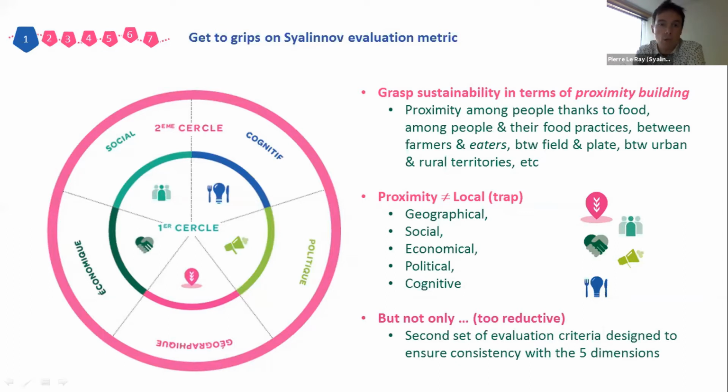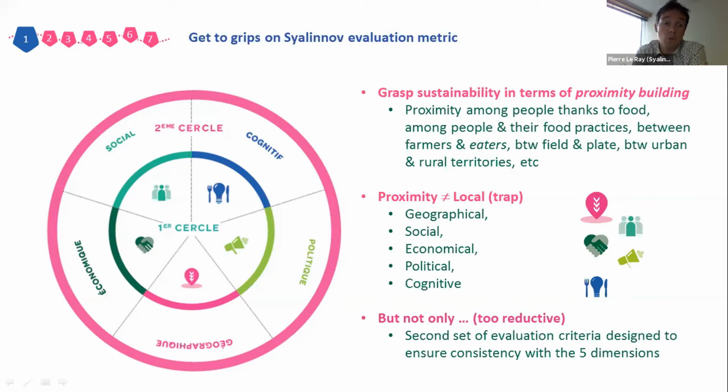They were always talking about proximity among people, thanks to the food, thanks to the meal, proximity between the eaters and their plates, proximity between urban areas and rural areas, etc. But we avoid falling into the local trap because proximity, according to us, is not only a geographical concept, but also a social, economic, political, and cognitive one. So basically, Syalinnov is based on these 5 dimensions of proximity.